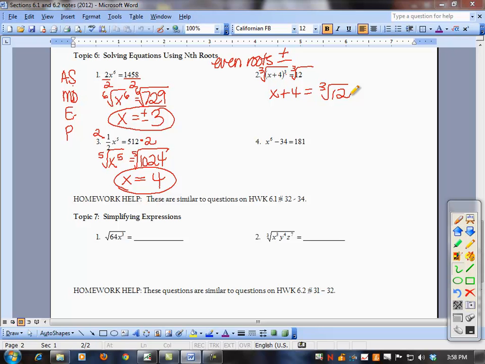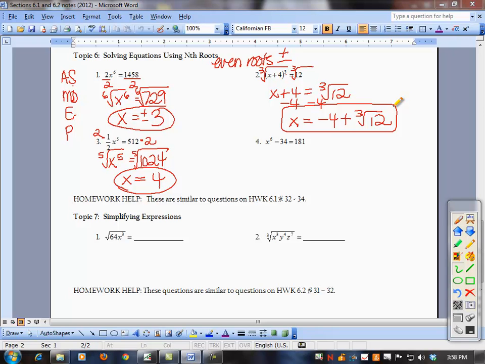Unfortunately, the cube root of 12 gives me a decimal, and I don't want a decimal, so I'm going to leave it. I'm just going to finish solving by subtracting 4. And the way we write this is negative 4 plus the cube root of 12. Now, if they ask you for a decimal, you could put that in your calculator and get a decimal. But at this point in time, let's just leave it there. It's a little bit easier.